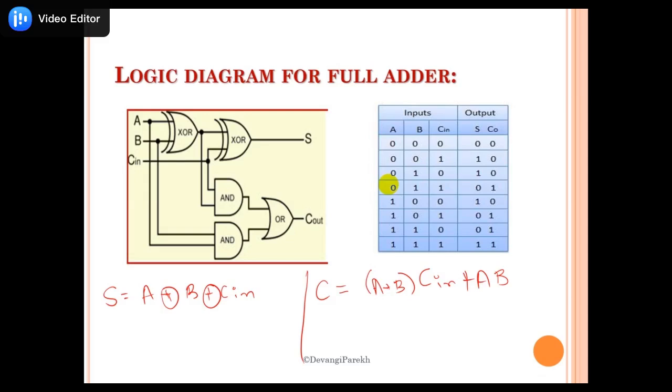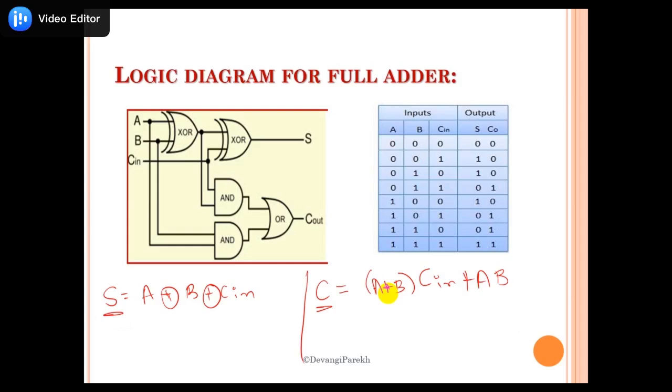From the table, I generated the Boolean expressions for sum and carry. After generating those Boolean expressions, with the use of the laws of Boolean algebra, I simplified those expressions. So our final expressions for sum and carry are written here.